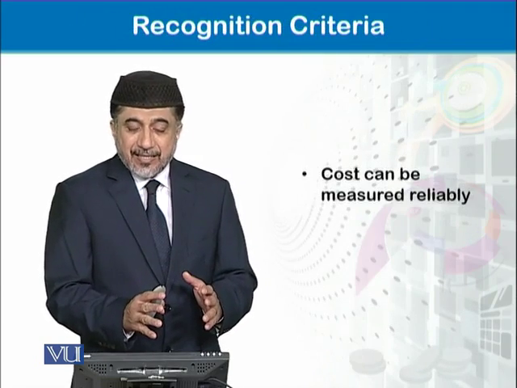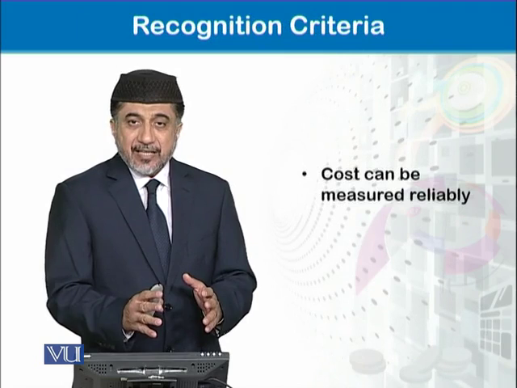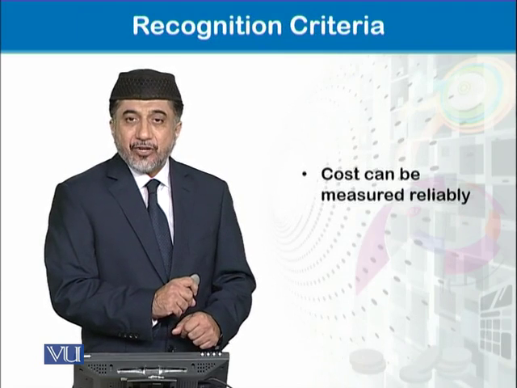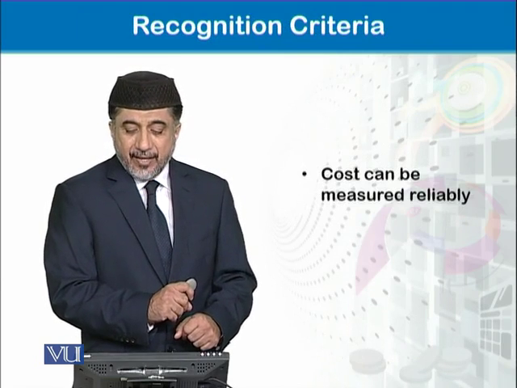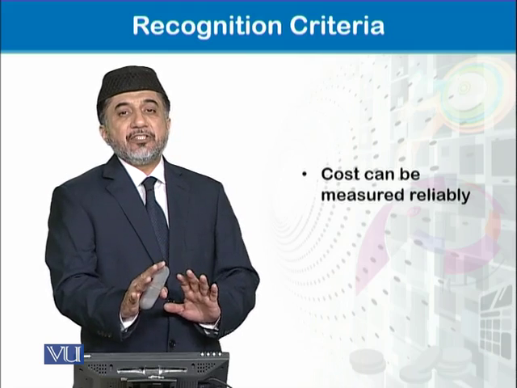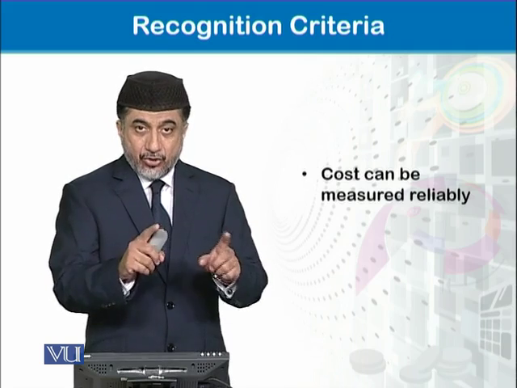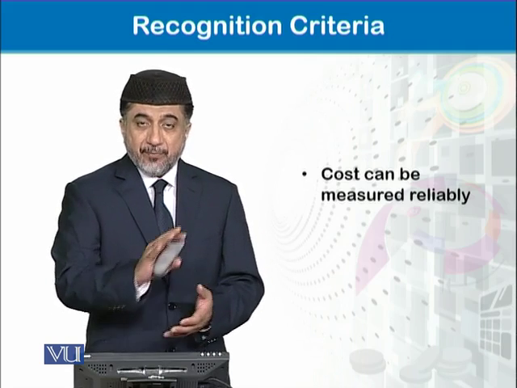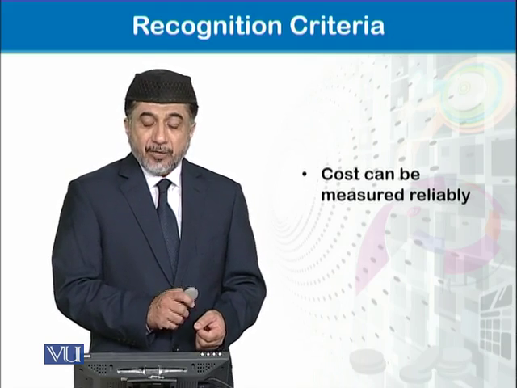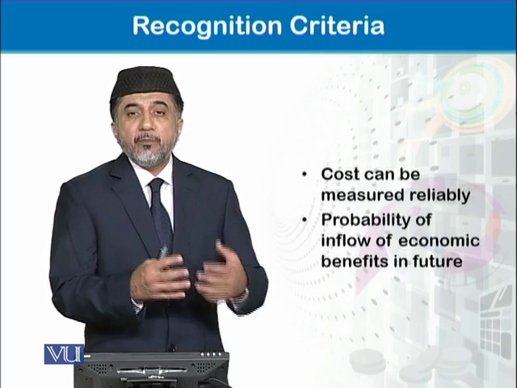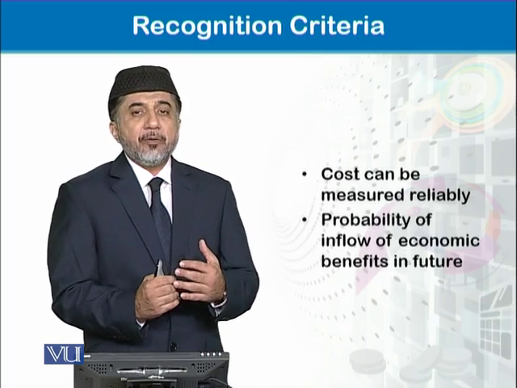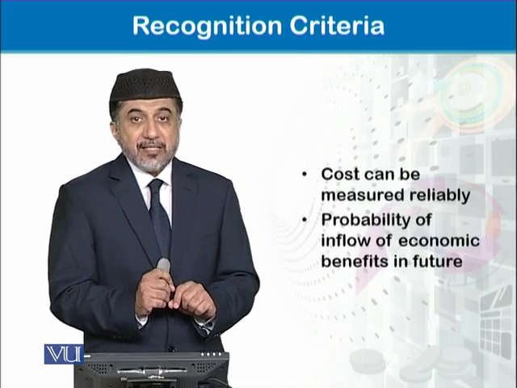To recognize this in our balance sheet as an asset, the criteria number one is that its cost can be measured reliably. We can reliably measure its cost through the invoices or through the supporting documents. And number two, there is a probability of inflow of economic benefits associated with these assets.